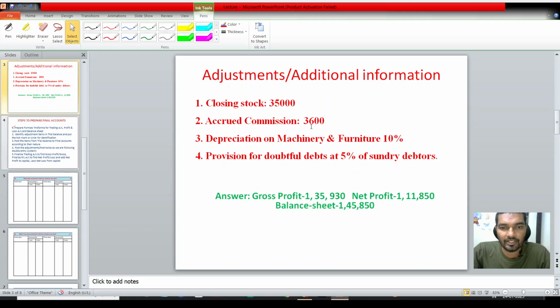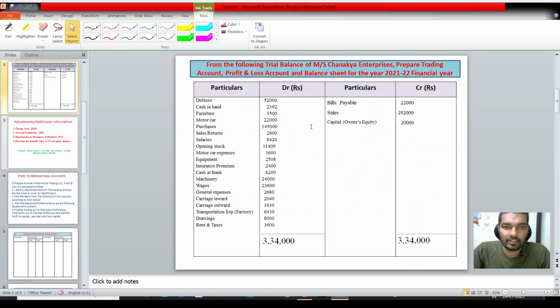Second adjustment is accrued commission. So we need to identify the commission in the sum. So in the given sum, the commission is not given. Sometimes even though the adjustment is given, the particular component may not be there, we may not be able to trace that particular component.